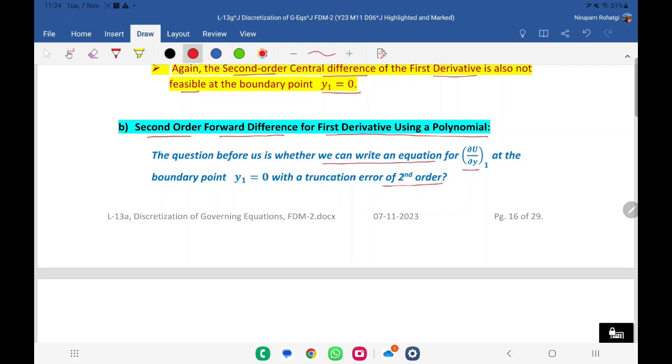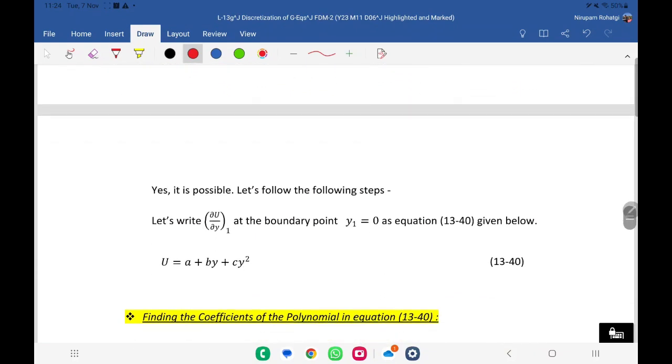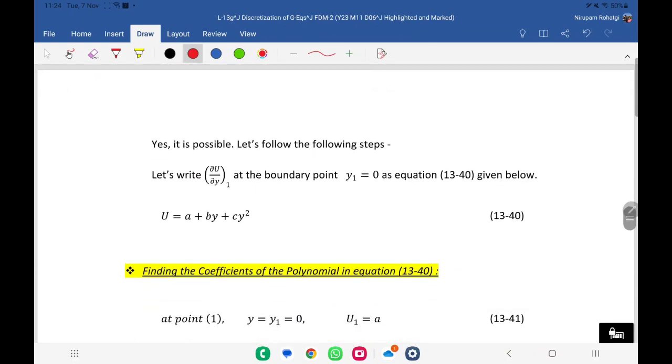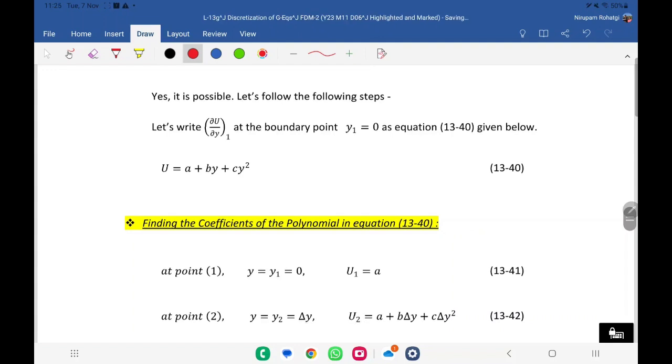If we go too much here, we will lose somewhere else. So it's better that we take it as a sample case. So the solution is that we assume a function where u is equal to a plus b y plus c y square. So we are assuming a function where a, b, c are coefficients or constants.